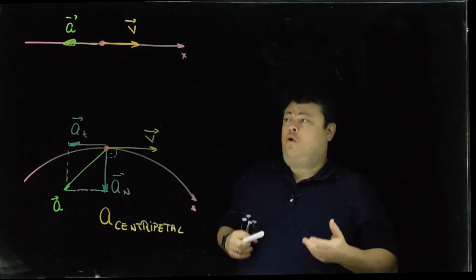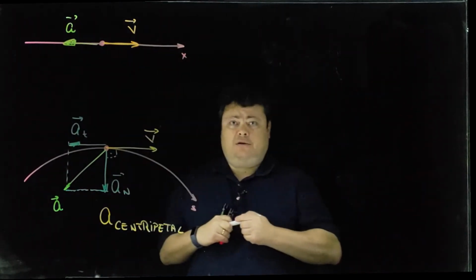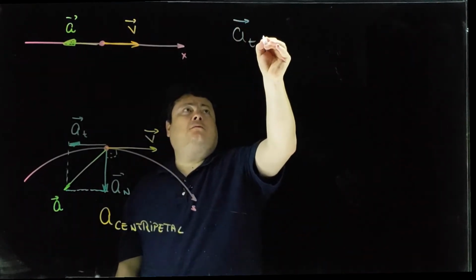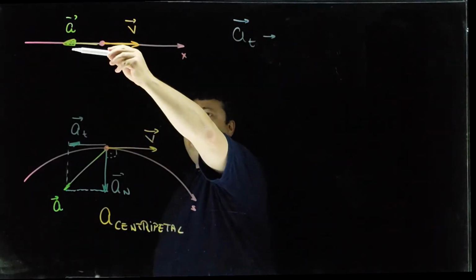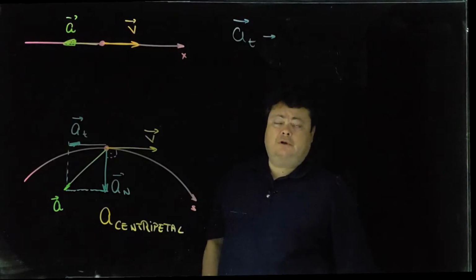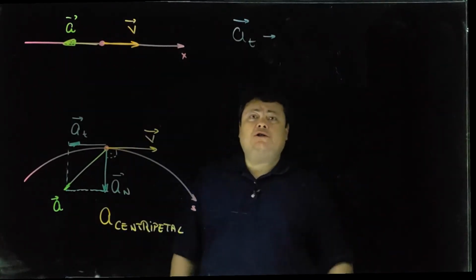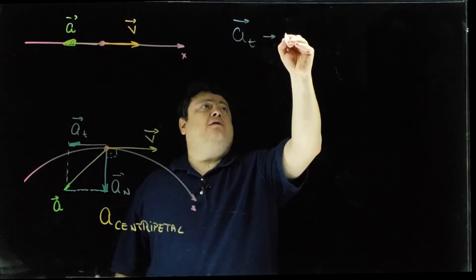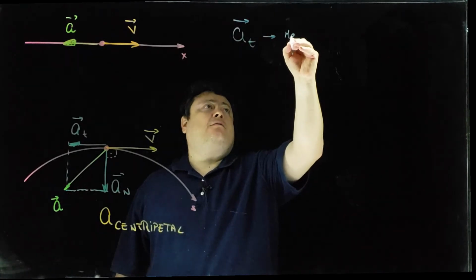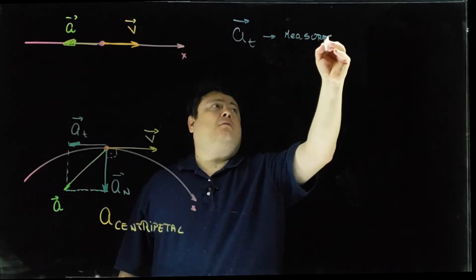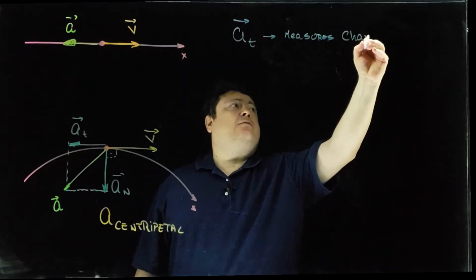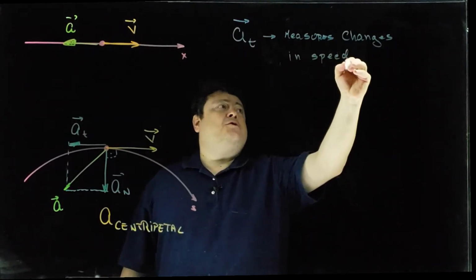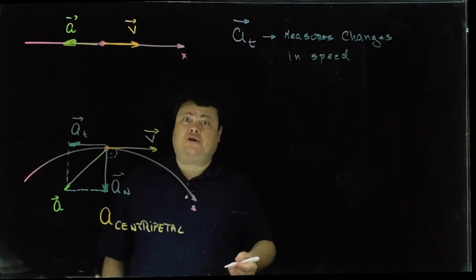When we think about the role of those accelerations, we see that the tangential acceleration was already in the straight line path motion, and it is related to the changes in the speed. So tangential acceleration measures changes in speed of the object.